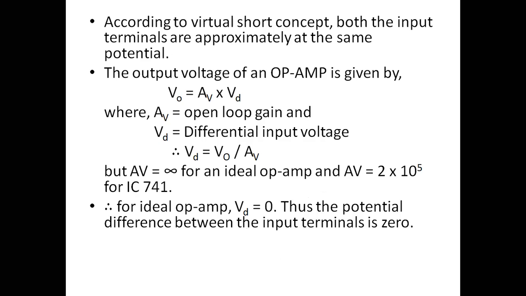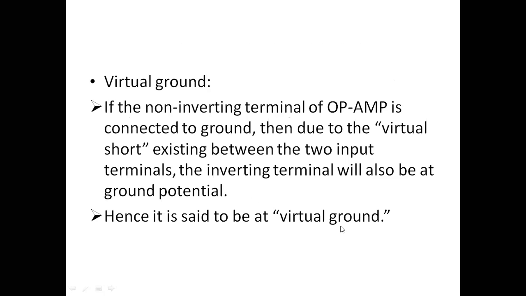But here we take VD equal to 0, since both input voltages are the same. So for the ideal op amp, the potential difference between the input terminals is taken as 0.